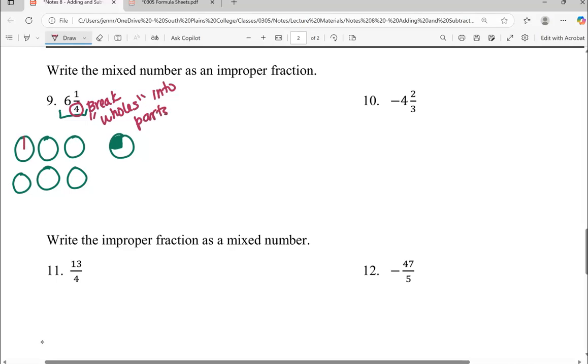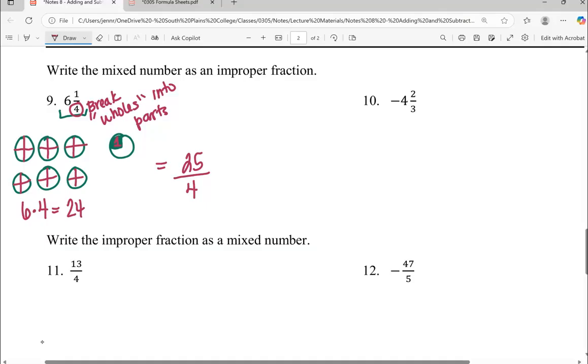Notice that when I take my 6 circles and I break them into 4 parts each, that creates 6 circles times 4 parts, 24 parts of the circle. Plus, I had one more, so in all, I have 25 parts of the circle, each of them being 1/4 in size.